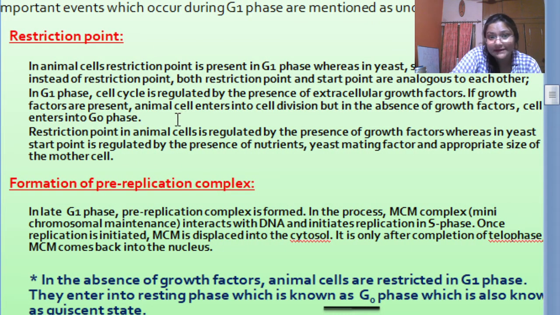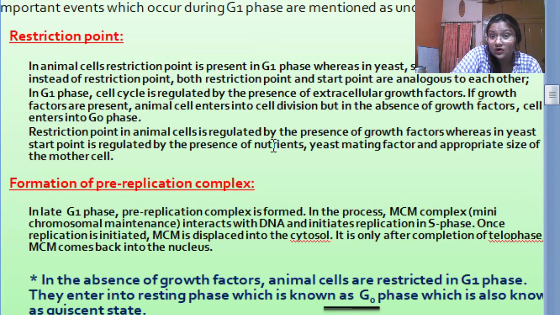Now the next point is, in G1 phase, the cell cycle is regulated by the presence of extracellular growth factors. If extracellular growth factors are there, then the animal cell will enter into cell division.